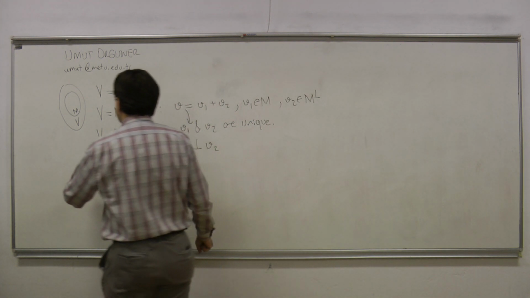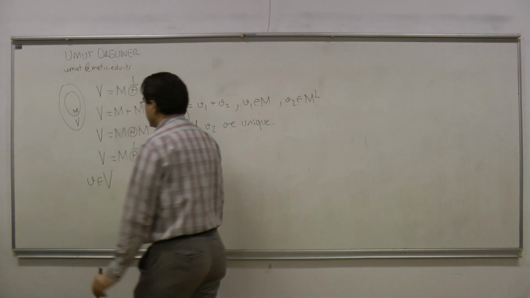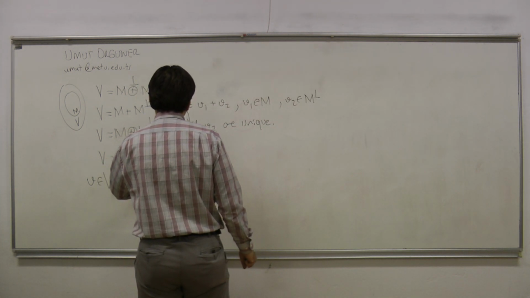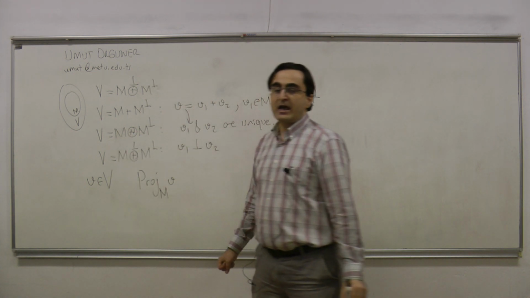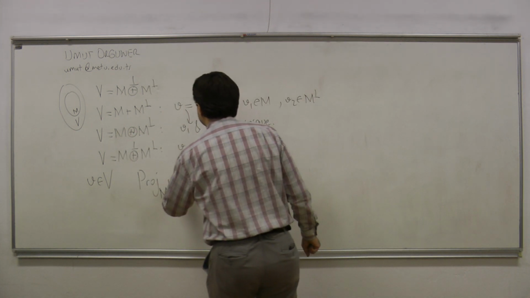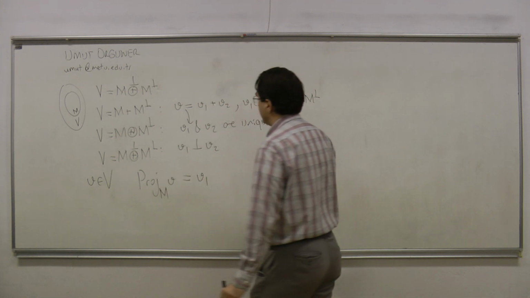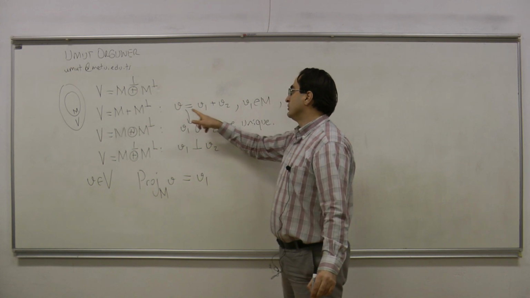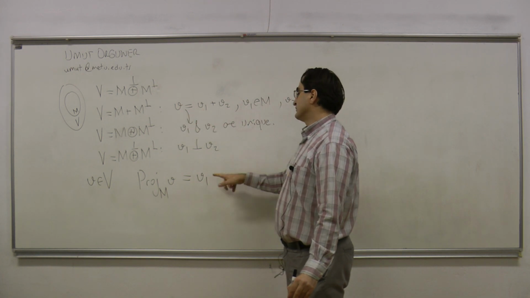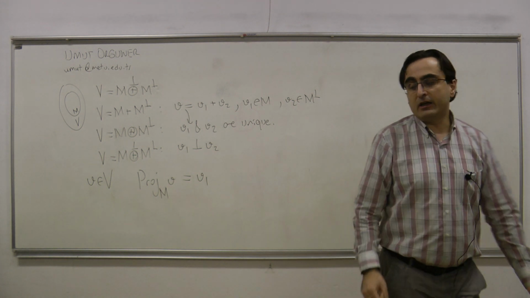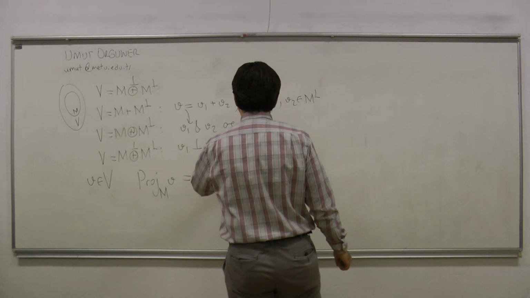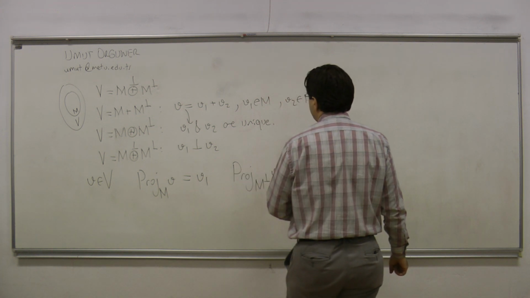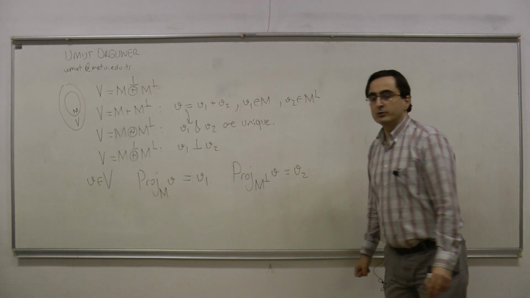If I take any V in capital V and project it onto the subspace M, the answer is going to be just V1, the unique component of this vector inside M. Similarly, if I project V onto M orthogonal complement, this orthogonal projection is going to be V2.